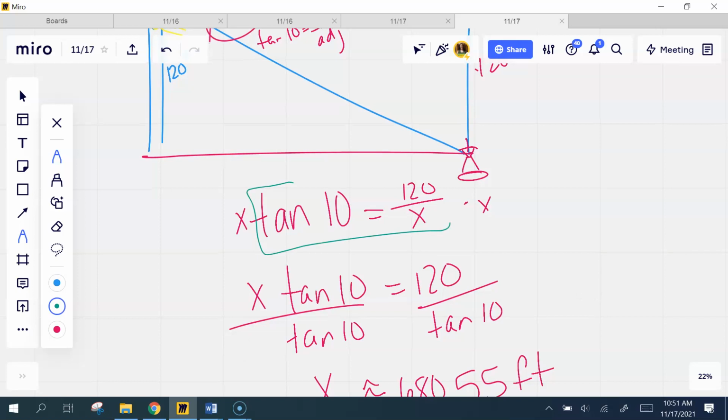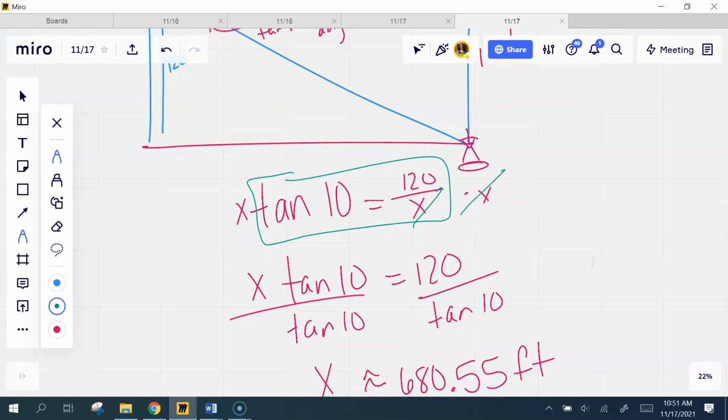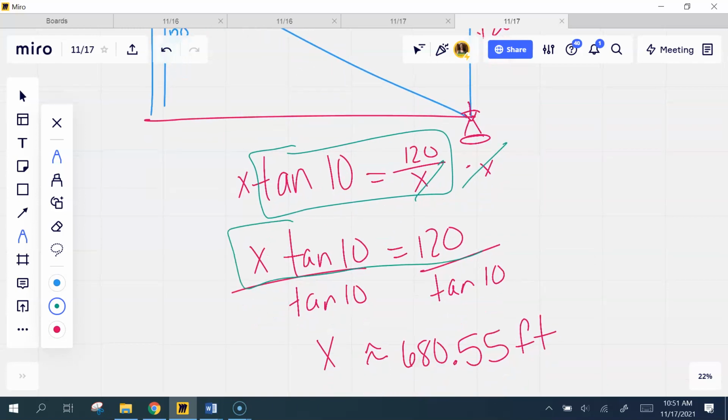So this is my equation. To solve it for x, I needed to get that fraction going, right? If you multiply both sides by the denominator, the x is gone. So I end up with x times the tangent of 10 equals 120. Still have to get x by itself.